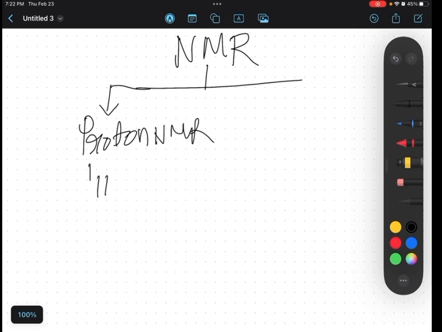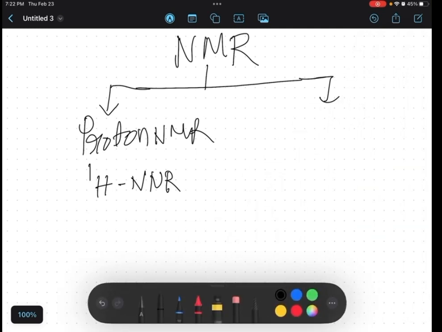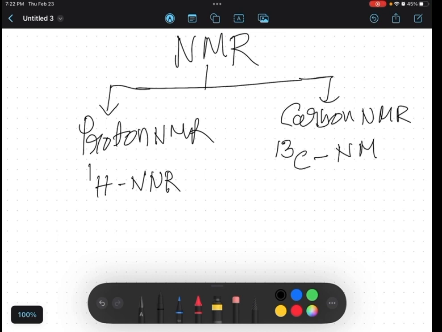In short, proton NMR is shown as HNMR, and the other is carbon NMR, in short C13 NMR.